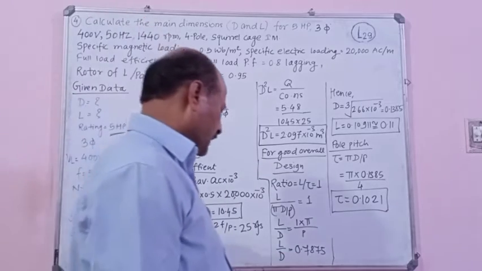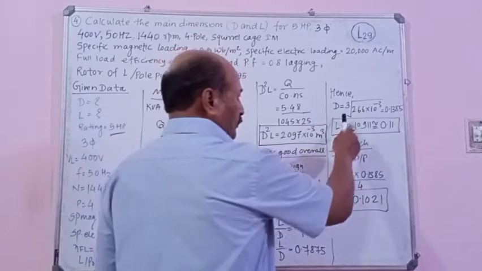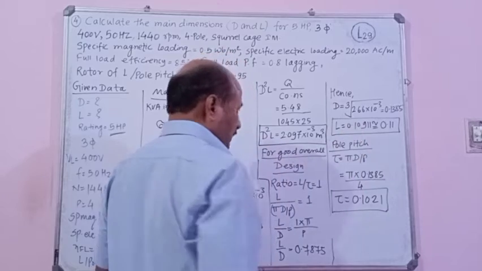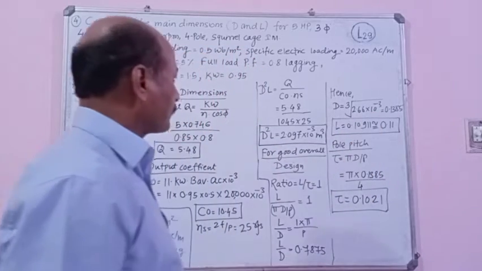Hence, the value of d equals the third root of 2.66 into 10 to the power minus 3.